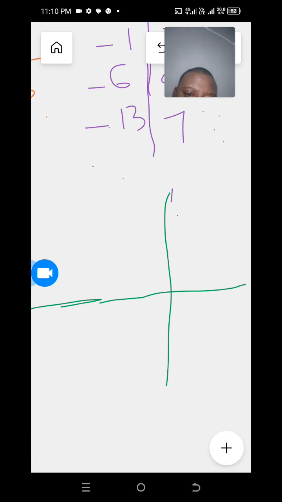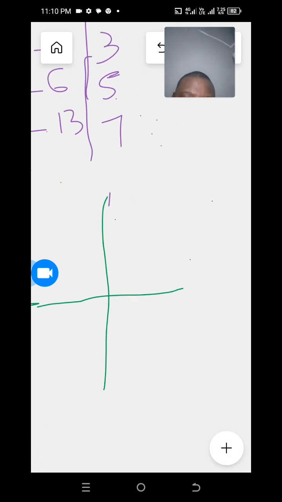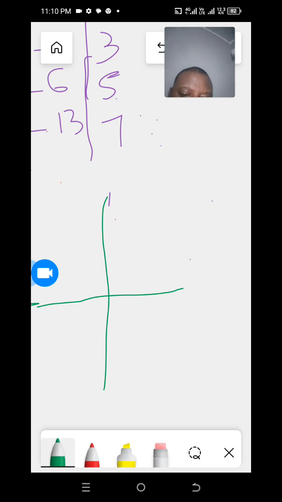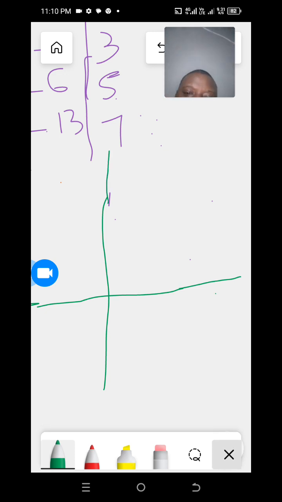We just need to sketch the function. Okay, good. So y at x. So now let's see how it goes.